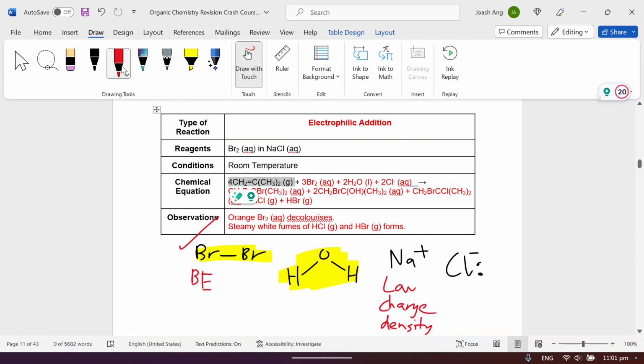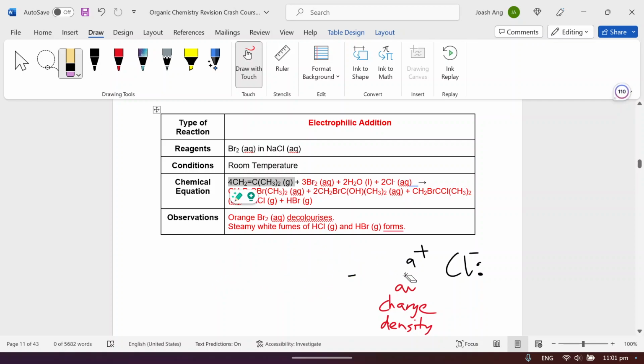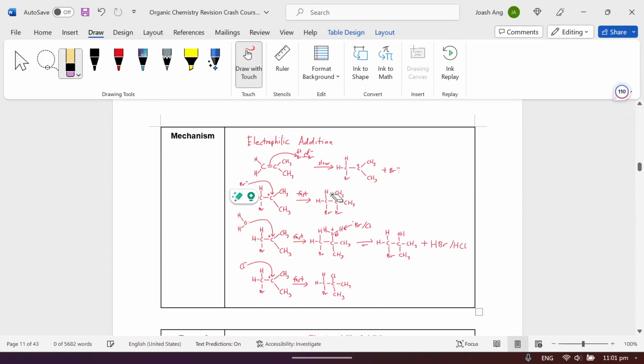Alright, so in this case bromine will be our electrophile, and we'll use the pi electron cloud to attack the electrophile. So right here, this gets attacked by the nucleophilic C=C double bond, slow step, and thus carbocation and bromide anion are formed.